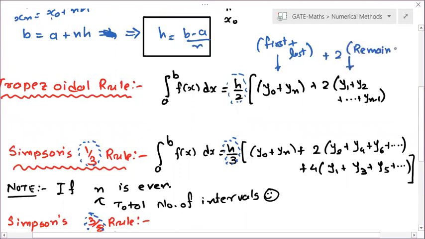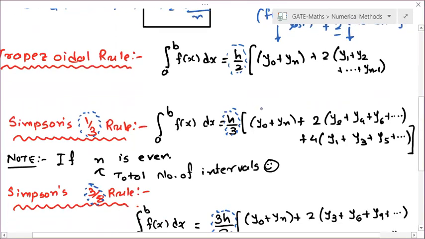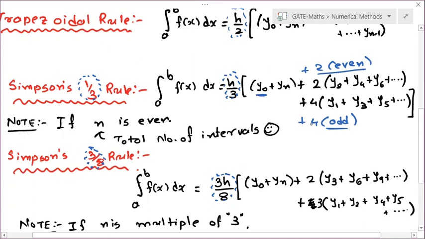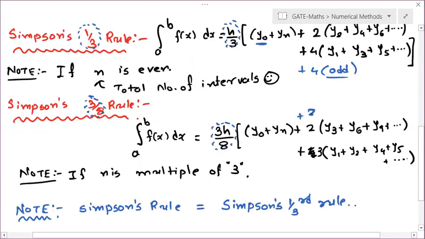So 2 is also common in each of them. Here, 2 times you have to take even numbers, and with 4 you have to take odd. But mind well, you have to start from y0, because if you start from y1, you will make mistakes.